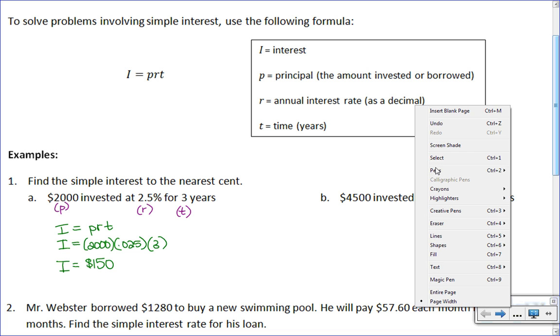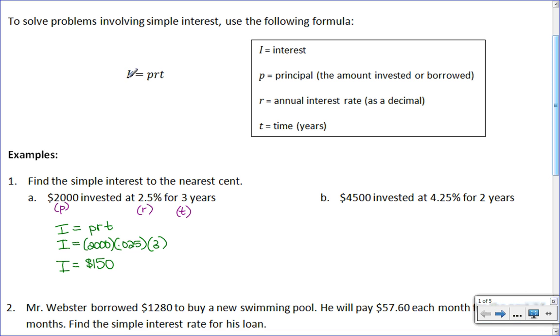Alright, let's do the same thing for B. Again, we're finding the simple interest, so we're looking for I. $4,500 invested is the P, the principal. 4.25% is the rate. And 2 years is the time.